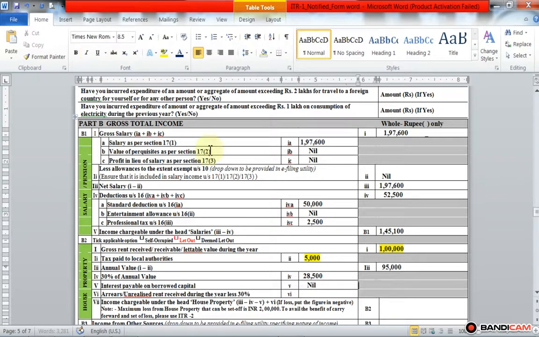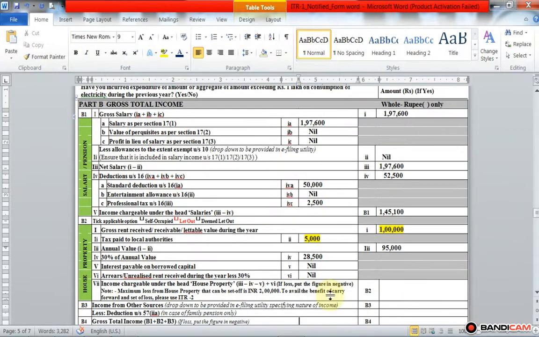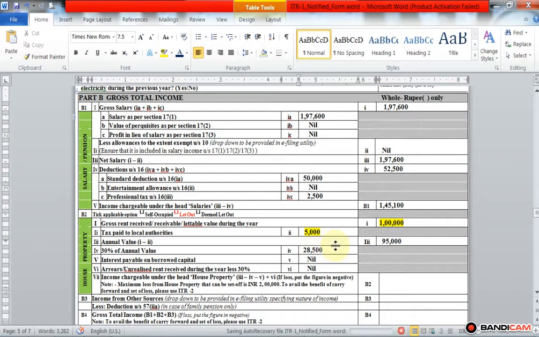Then unrealized rent receivable is nil. Got it? Make the total of these deductions. So total is 28,500.